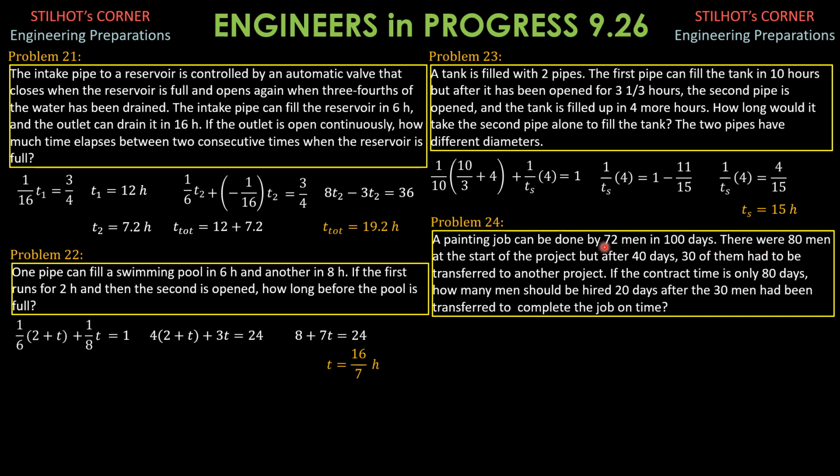So we equate it to 72 times 100 man-days. This is the accumulated number of man-days, 80 times 40. For the next situation, we have plus, because 30 of them had to be transferred to another project, 80 minus 30 or 50 left working for 20 days. And after that, this is the 60th day.